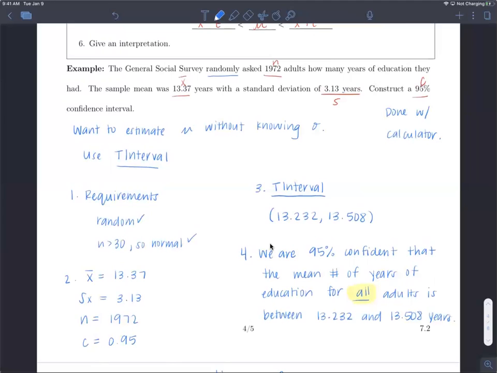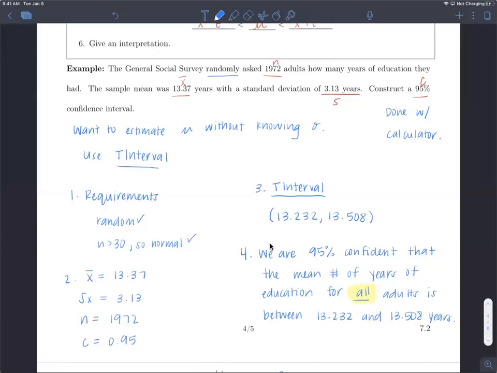Any questions about this one? Cool. I hope this is making sense to you, the difference between interval and testing. I'll say it one more time: hypothesis testing is where you want to see if the population parameter, like mu or p, that was given to you is a true statement. Some company comes in and tells you, this is the mean for everybody, and you as a statistician want to test that.